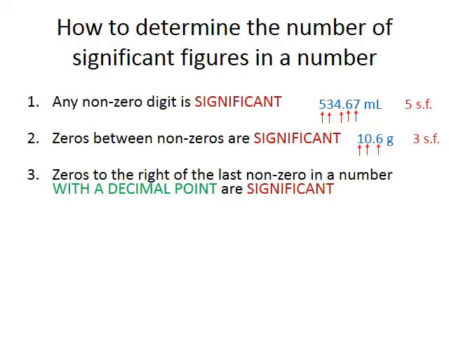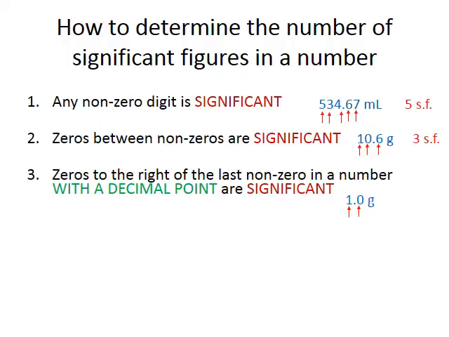The second situation with a 0 is when the 0 is at the end of the number. When it is at the end of the number, we have to consider whether or not the number has a decimal point written explicitly into it or not. So for example, in 1.0 grams, the 0 at the end is considered measured or significant because there is a decimal point that is explicitly written in that number.